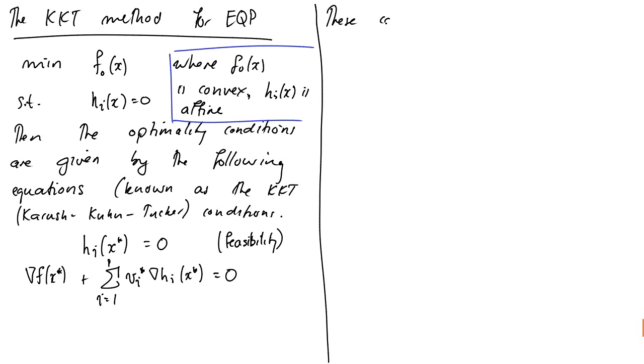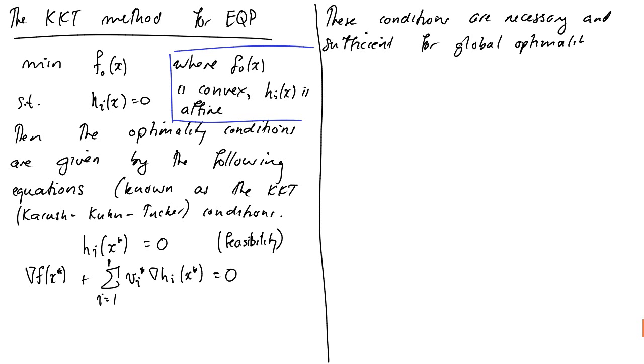So these conditions are necessary and sufficient for global optimality for a convex problem. Okay, when we're dealing with convex optimization problems, we always have a convex objective, affine equality constraints, and convex inequality constraints, which we're not up to yet.